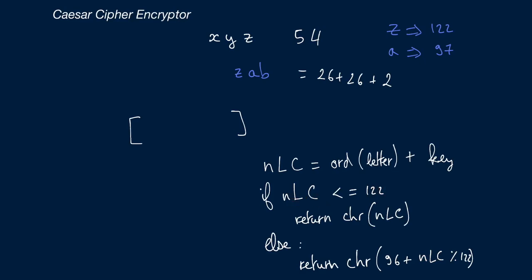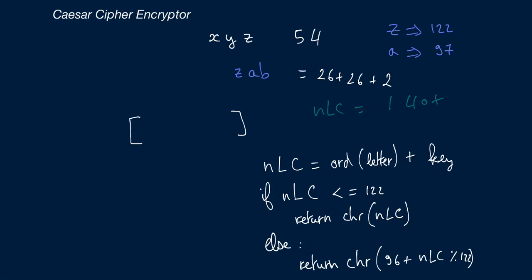But the thing is, here in our formula, we would have an NLC that would definitely be greater than 122. We'd have an NLC that would probably be equal to something like 140 plus something. I didn't really calculate it here, but it would be a bit bigger than 140 or 150.